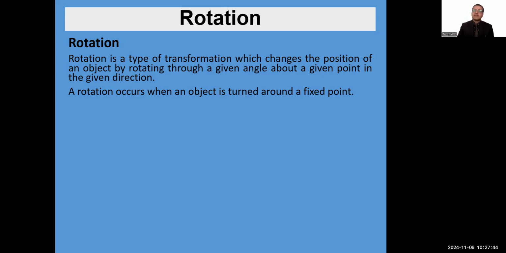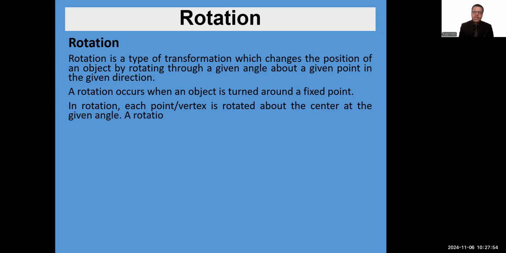That fixed point is called the center. In rotation, each point or each vertex of the shape is rotated about the center at the given angle.